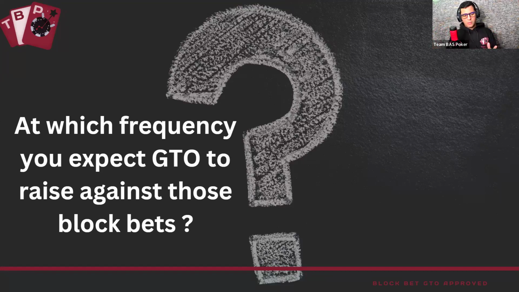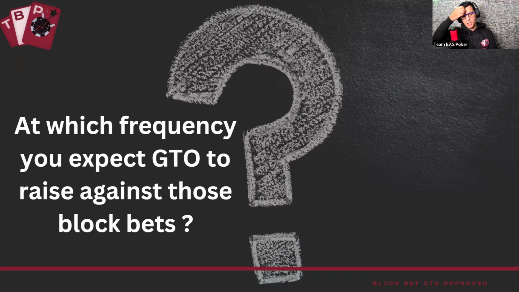But now the interesting part is that when the GTO is using this two big blind block bet, which kind of raise frequency do you expect against it?